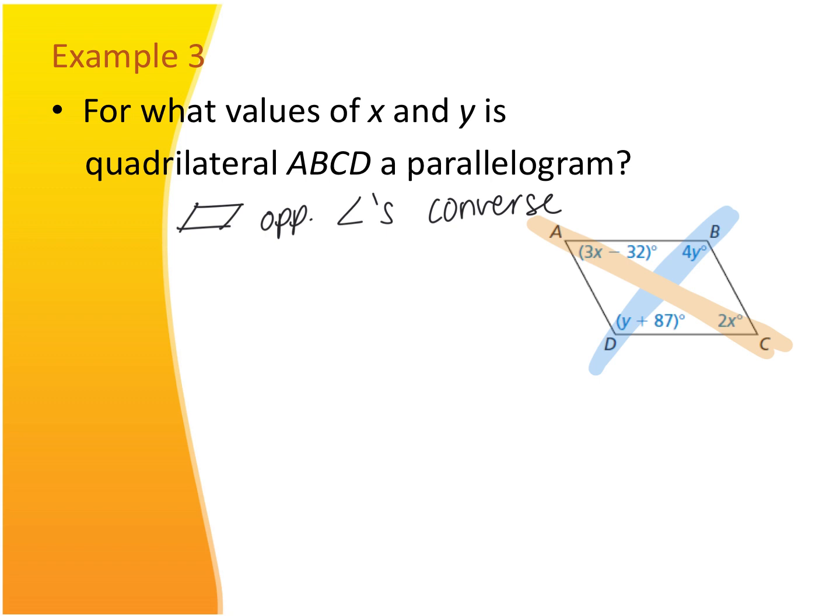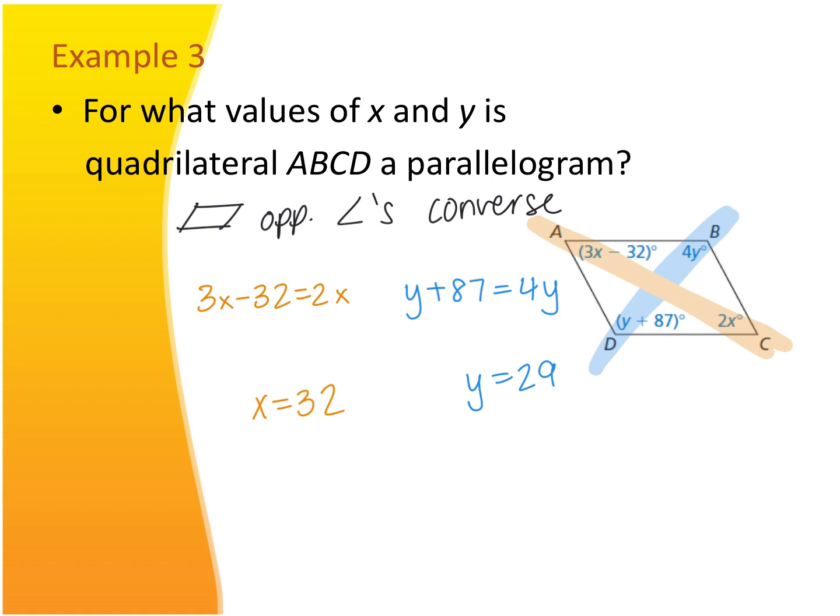You have x, you have y. X, I have 3x minus 32 equals 2x. And then y, I have y plus 87 equals 4y. You guys go ahead and solve it. What do we get for x? X equals 32. And what about y? 29. If you solved it correctly, that's what you should have got.